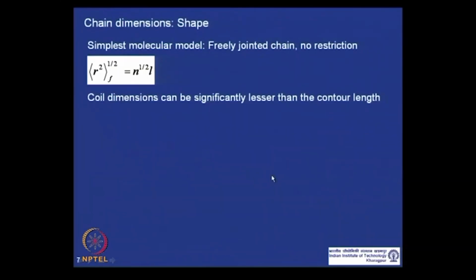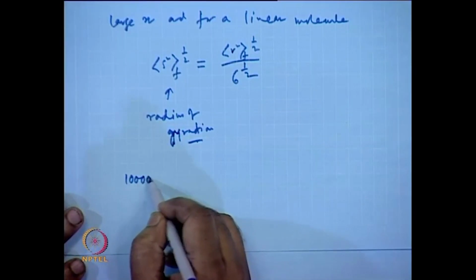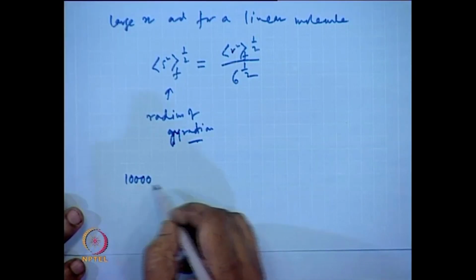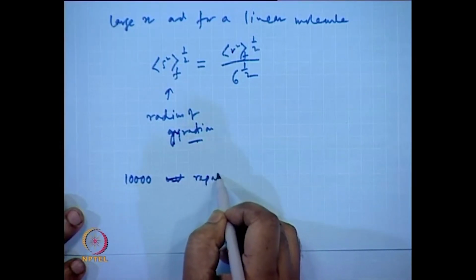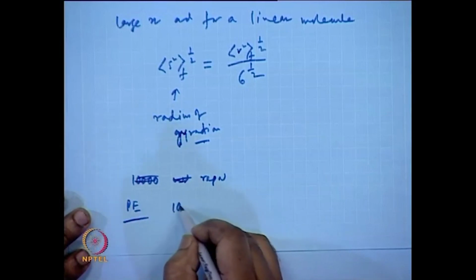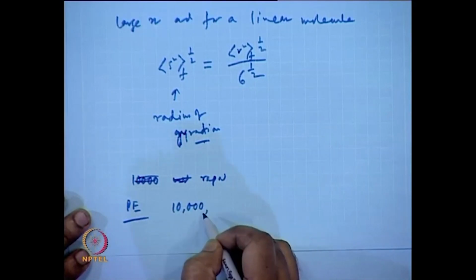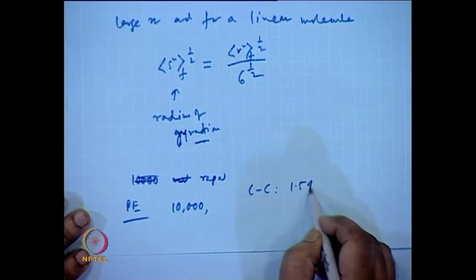If you have a molecule of say 10,000 repeating units, say a polyethylene molecule with 10,000 repeating units, each carbon bond length is 1.54 Armstrong.